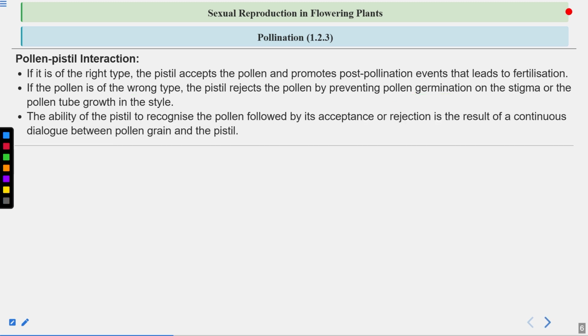The ability of the pistil to recognize the pollen, followed by its acceptance or rejection, is the result of continuous dialogue between the pollen grain and the pistil. See, the term is also written here: dialogue between the pollen grain and the pistil. What does this mean? Are they talking? No, they are not actually talking, but yes, they communicate with each other in the form of release of chemicals, right?